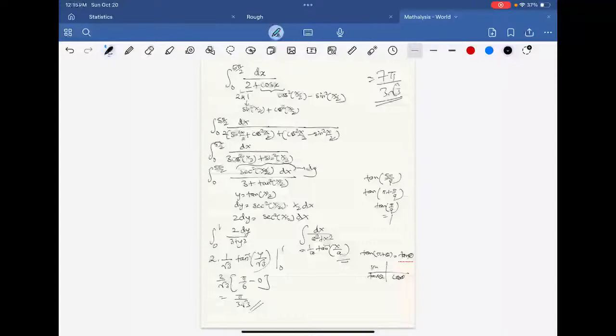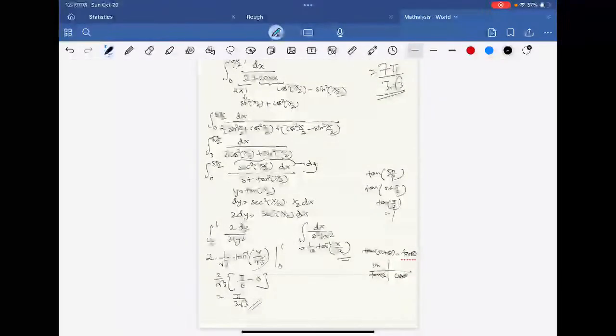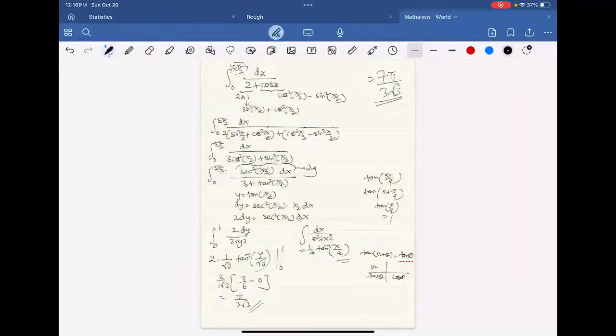Is it the fact that this limit is not in the principal value? Is that what's causing the problem? Because let's try to see it through the graph, and then it will be more obvious.